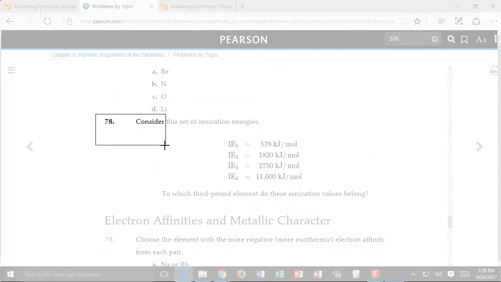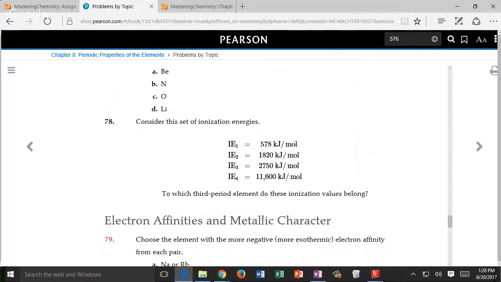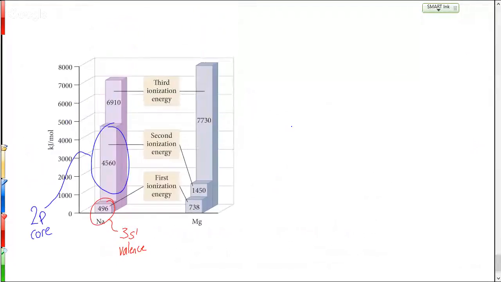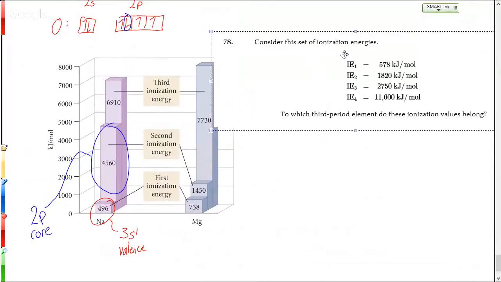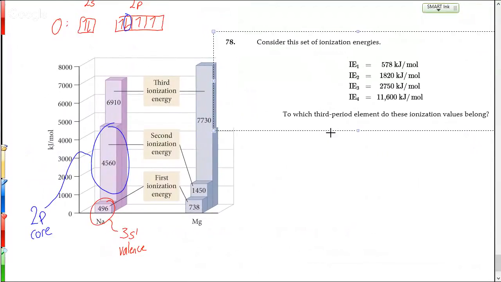Take a look at this problem. This is something that comes up pretty commonly when talking about these things. Consider this set of ionization energies. To which third period element do these ionization values belong?